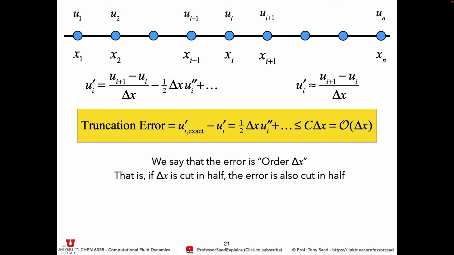Now that's important because when I tell you my approximation is order delta x, that immediately says something about your error. If you cut your delta x by half, then your error is only going to be cut by half. Right?